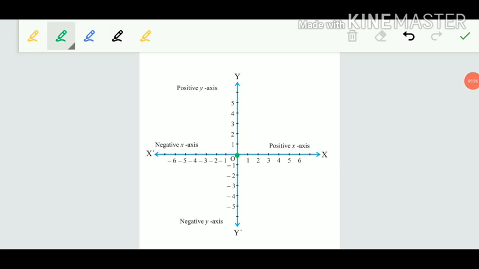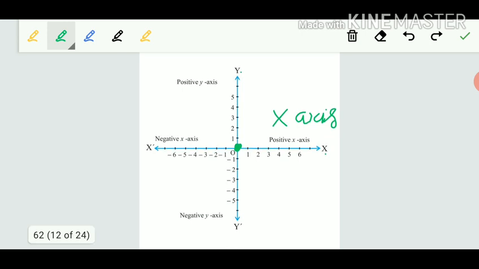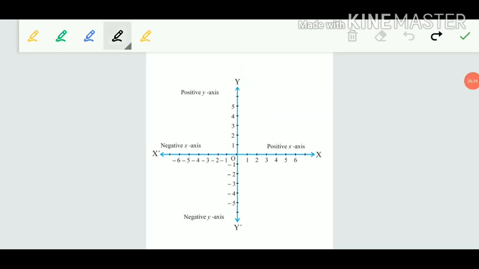This is the origin of this Cartesian system. The line x dash is known as the x-axis, and the line y dash is known as the y-axis.